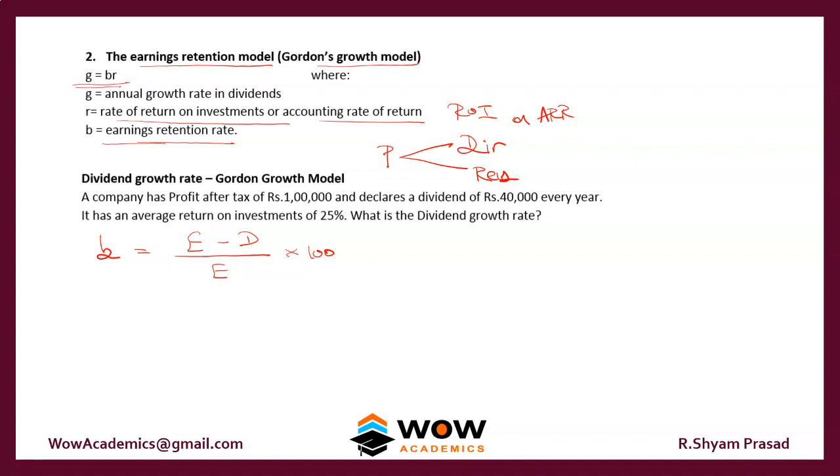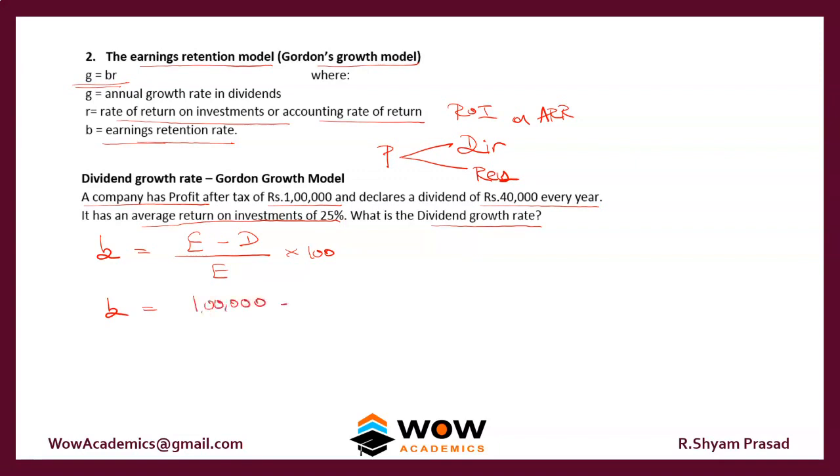So we'll try to do it. A company has a profit after tax of 1 lakh and declares a dividend of 40,000 every year. It has an average ROI of 25%. What is the dividend growth rate? So we'll start from B, the earnings retention ratio. The earnings is 1 lakh.